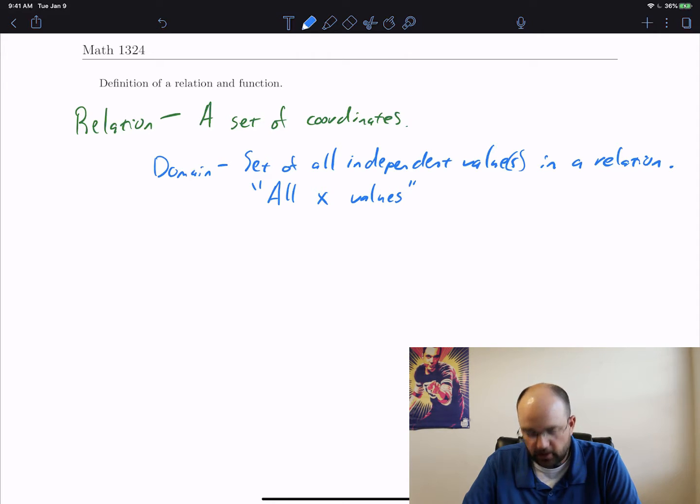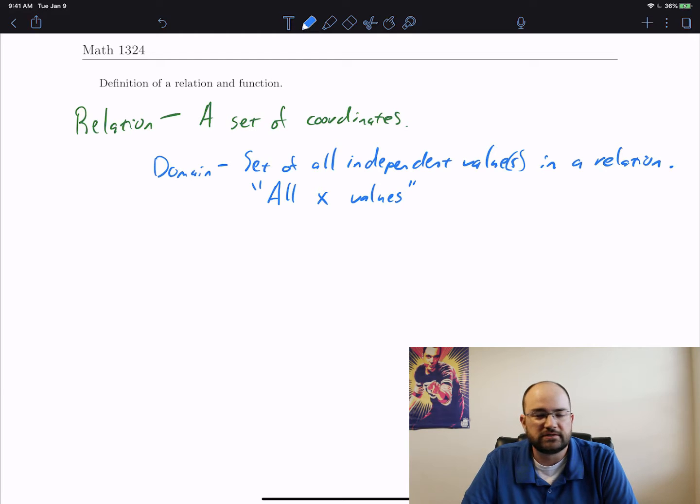Now, the way that we talk about that is going to be different depending on what type of relation it is. If it's a relation with just a bunch of points everywhere, then the domain can just be listed individually. If it's a relation that is made up of curves, like put your pencil down and start drawing, you have literally an infinite number of independent values, and also dependent values at that point.